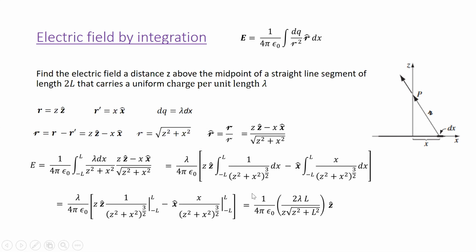We get this final expression right here, which is 1 over 4 pi epsilon naught times 2 lambda L over the square root of z squared plus L squared, times z. Okay, so that's the expression for the electric field at a distance z above a straight line segment of length 2L.